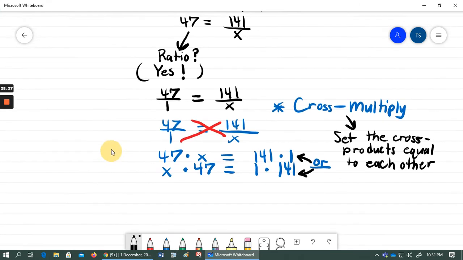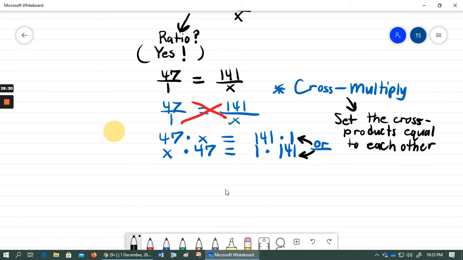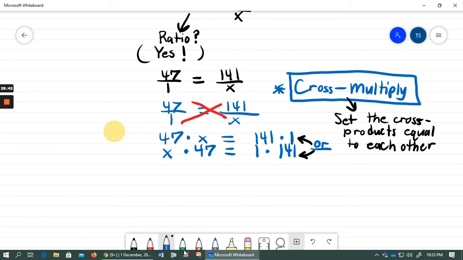Alrighty, so if we do that, now we have cross multiplied, but now we need to go ahead and finish solving.